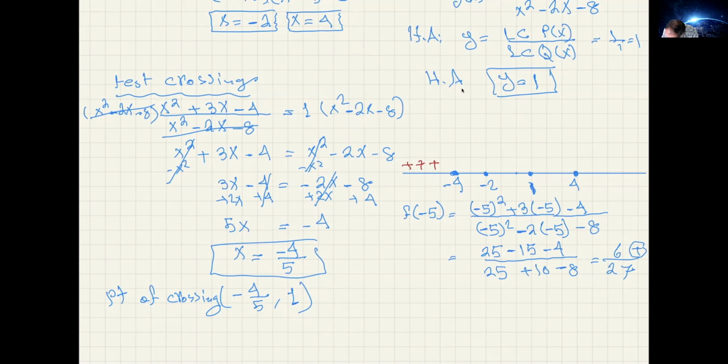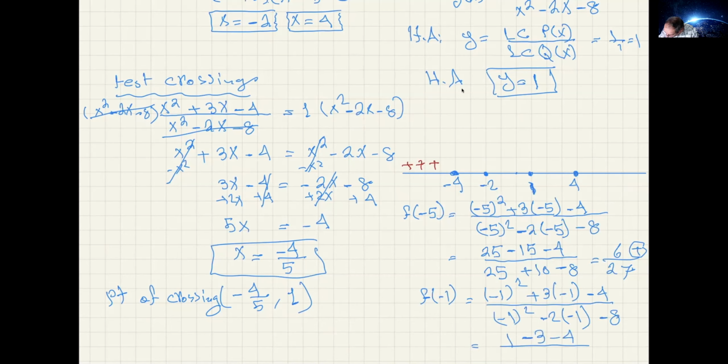So f of negative 1 is equal to negative 1 squared plus 3 times negative 1 minus 4, over negative 1 squared times 2 times negative 1 minus 8. So I'll get on the top 1 minus 3 minus 4.